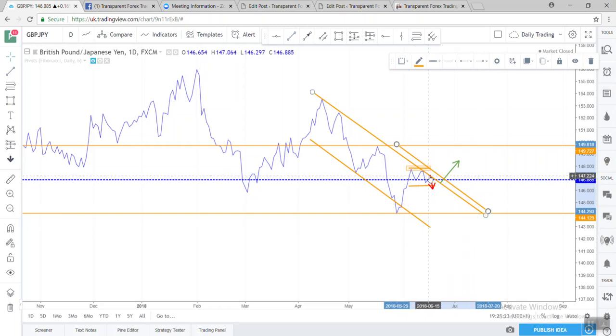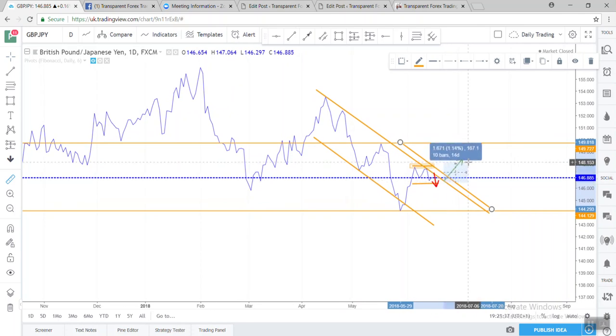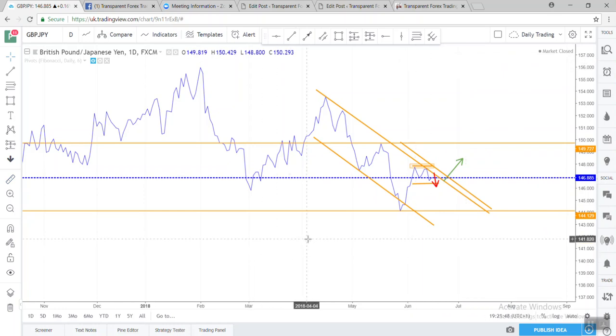So there's the potential of several hundred pips, and you're risking, on the daily, that's probably still quite a chunk, but you could actually zoom in and get a better idea. So it could be 50, 60 pips. Probably not best trying to measure it on the daily, but the idea is there.